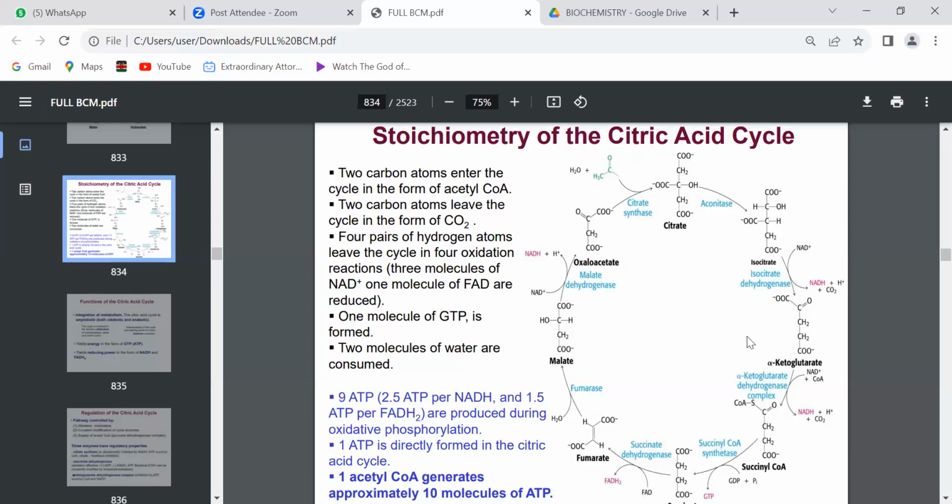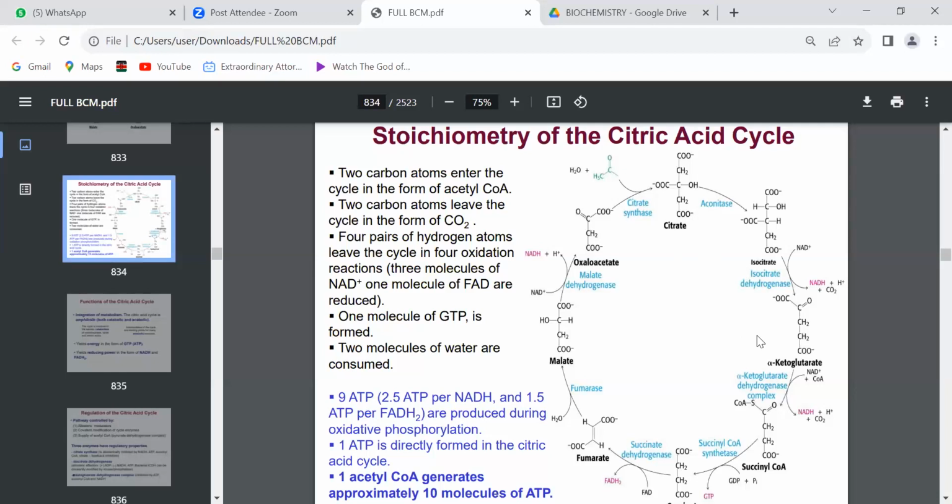You can say not even citrate, because citrate is the one that we are starting with, right? We say citrate is the Krebs starting substrate for making oxaloacetate.